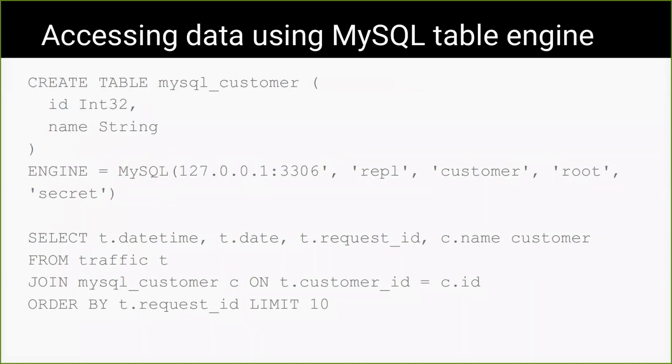We can go ahead and turn this, instead of using a table function, into a freestanding table. The command is relatively straightforward. You just do a create table, give it a name, give the data types, and then you can give the engine. In this case, it's a MySQL table engine, and it looks very similar to what we did with the MySQL table function: location of server, where's the table, and then credentials to get it.